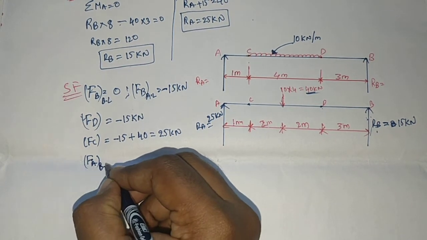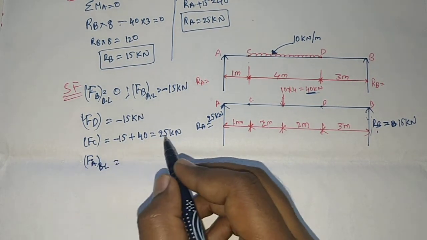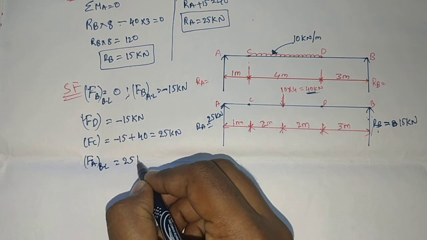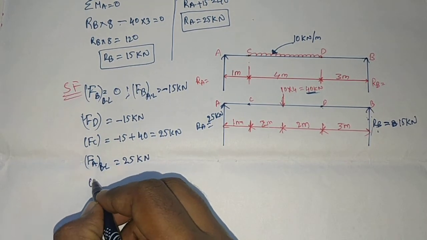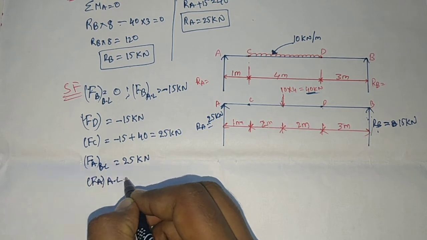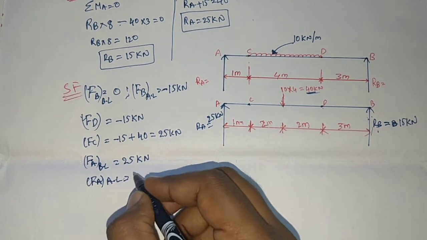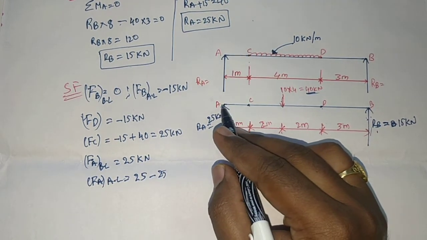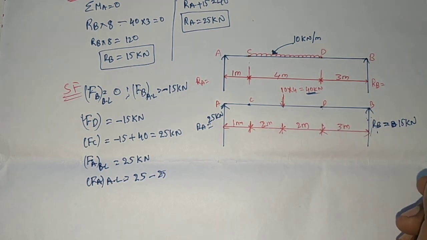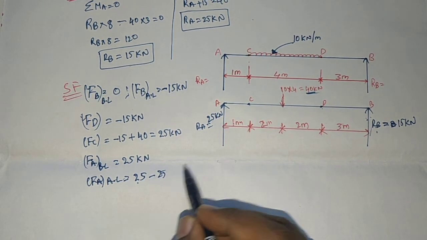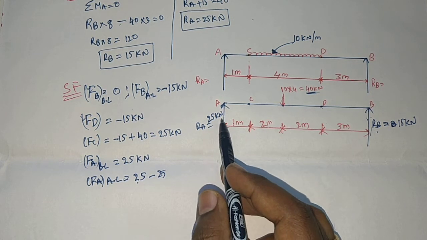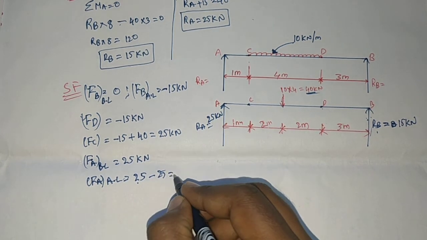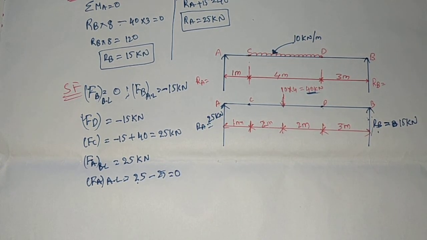Before the reaction force, we consider the right side of point A, which gives 25 kilonewtons. After the load, we consider the force acting at point A, that is 25 minus 25, since at point A the force acts upward, so it is 0. Shear force at point A after load is 0.